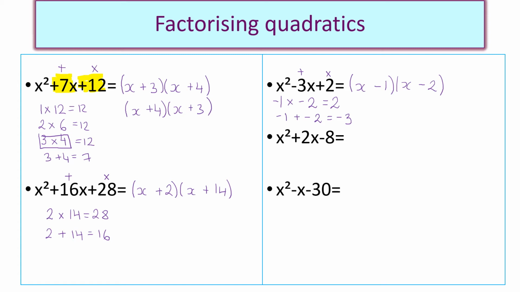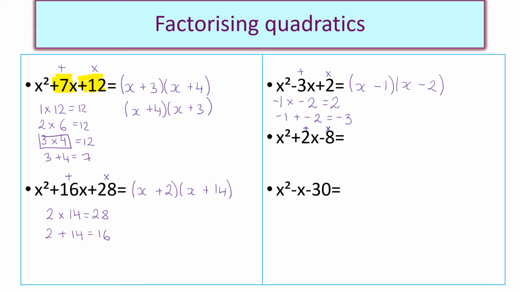Let's have a look at another example. I want two numbers that I times to get -8 and add to get 2. Because my answer to multiplication is negative, only one number is negative and the other one is positive. Also, the answer to addition is positive. That means that the bigger number will have to be positive and the smaller number will have to be negative.